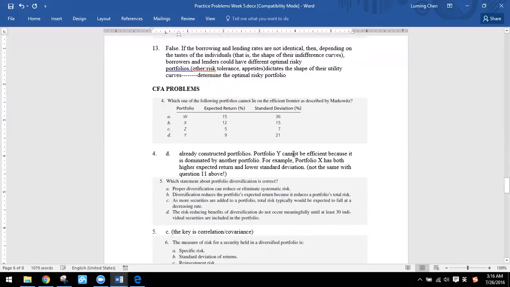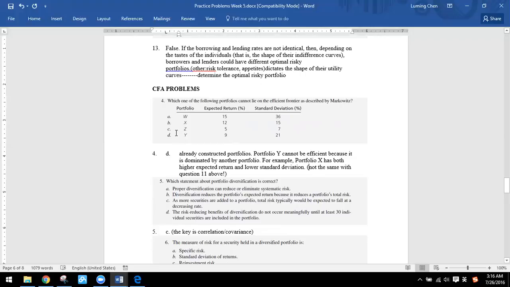So portfolio Y cannot be efficient because it's strictly dominated by X. Portfolio X has both higher expected return and lower standard deviation. So we're not talking about a single stock or a single bond. We're talking about portfolios.